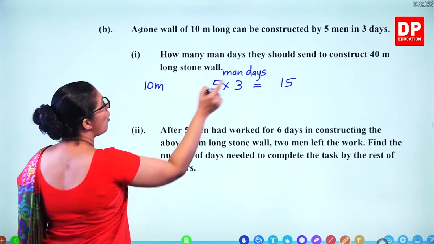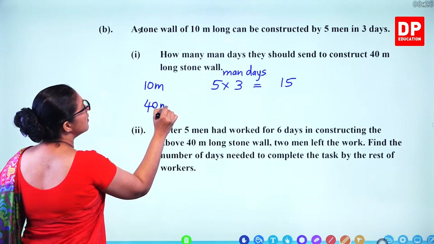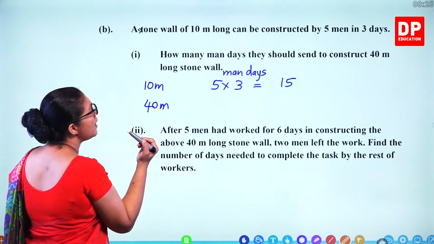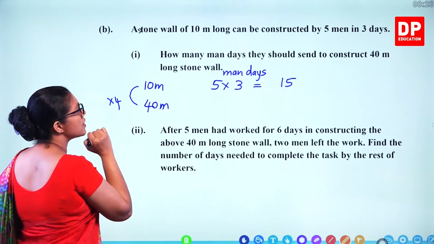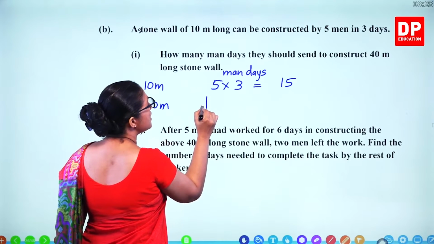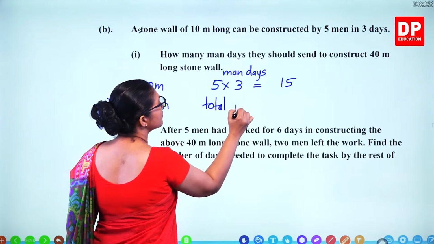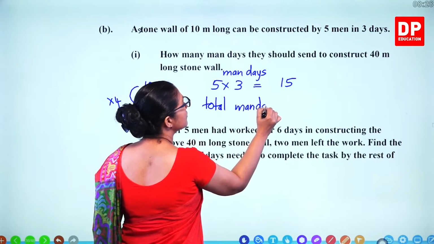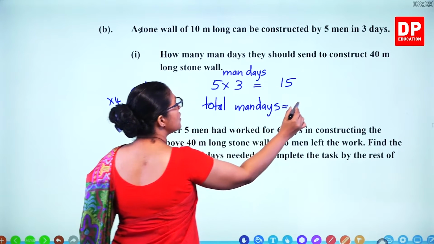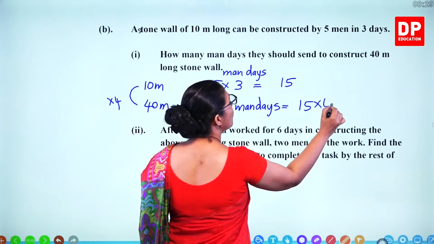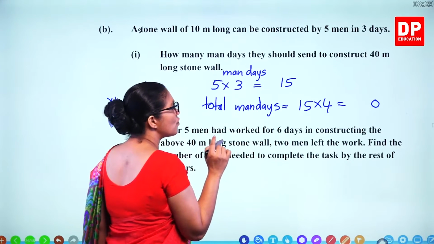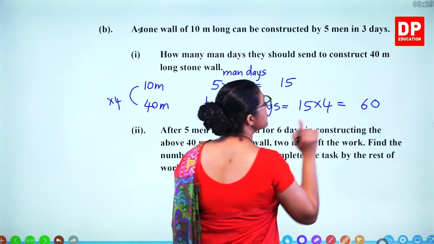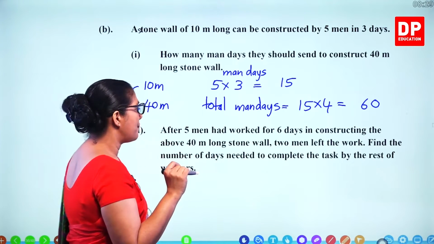But we need 40-meter wall. So you have to multiply by 4. So 10 times 4, you get 40. So total man days, 15 times 4. 4 times 5, 20. 4 times 1, 4 plus 2, 6. 60 man days are there.